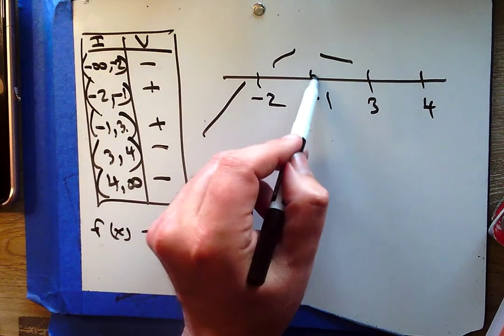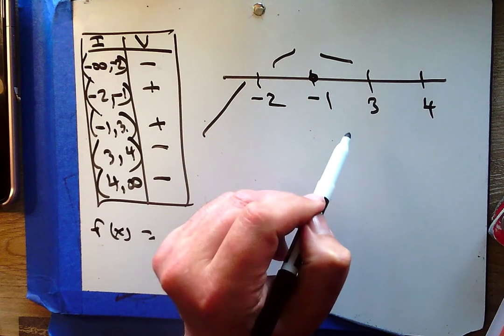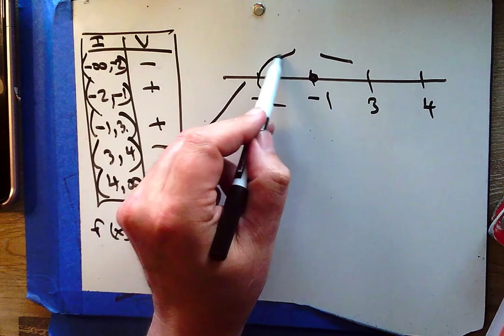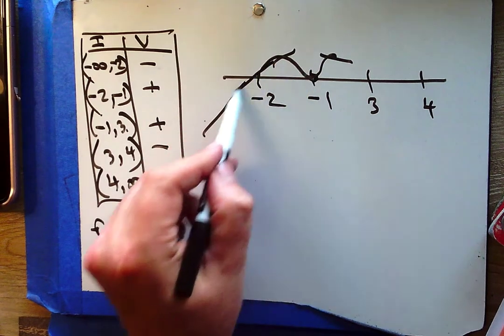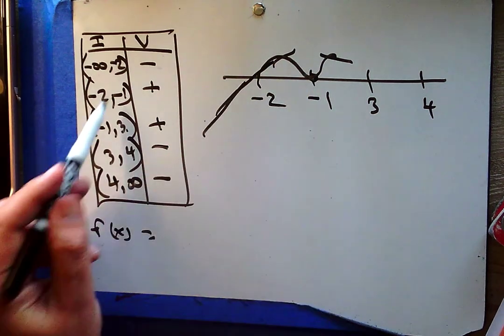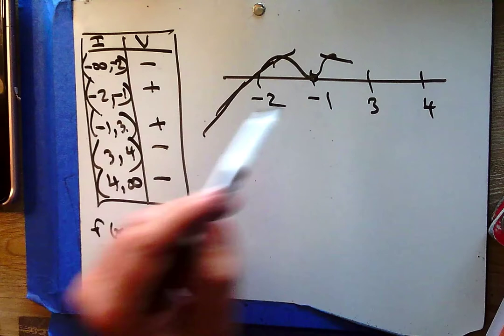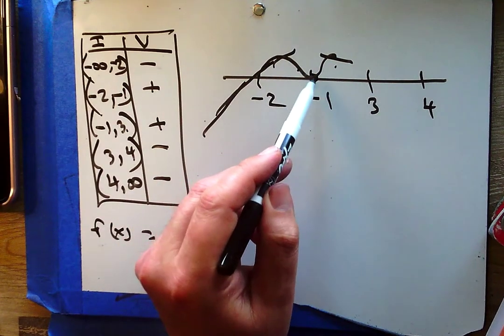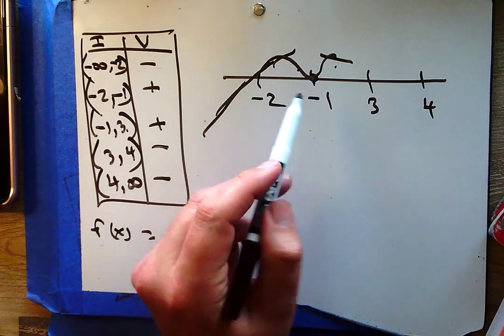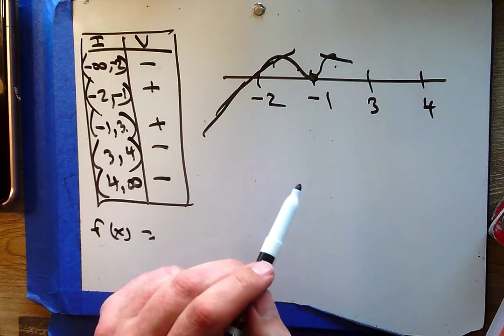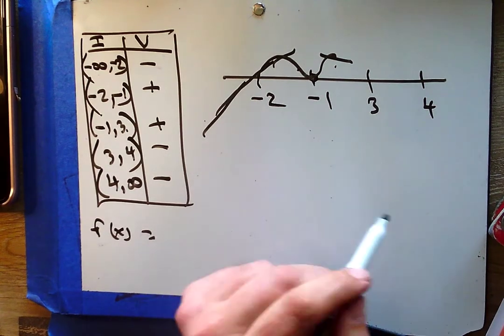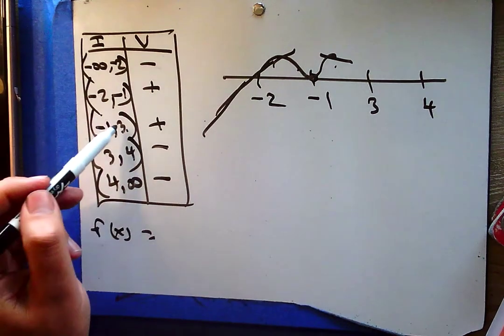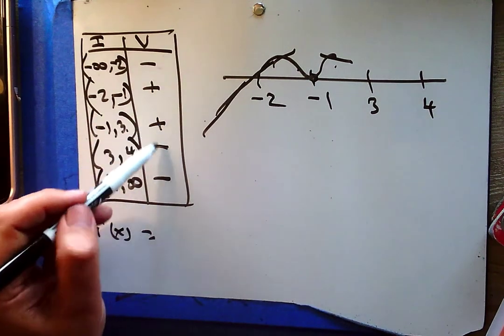Well, we're 0. So I have to bounce off of there. Okay? So I've got to bounce at negative 1 as the function goes from positive to positive, but is not positive at negative 1. The function has a value of 0 at negative 1, which means the function has an x-intercept at negative 1.